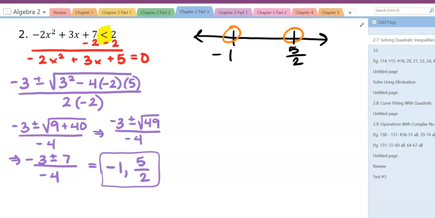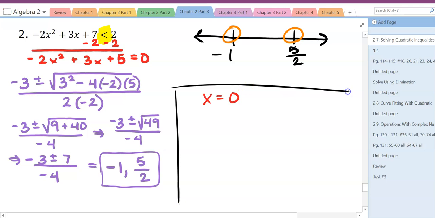So now let's just pick a number. Let's go ahead and pick one in the middle. An easy number in between negative 1 and then 5 over 2 would be 0. So let's test if x equals 0. Let's see if we get a true or false answer here. So if I put zeros in for all of my x's, I would have negative 2 times 0 squared plus 3 times 0 plus 7.